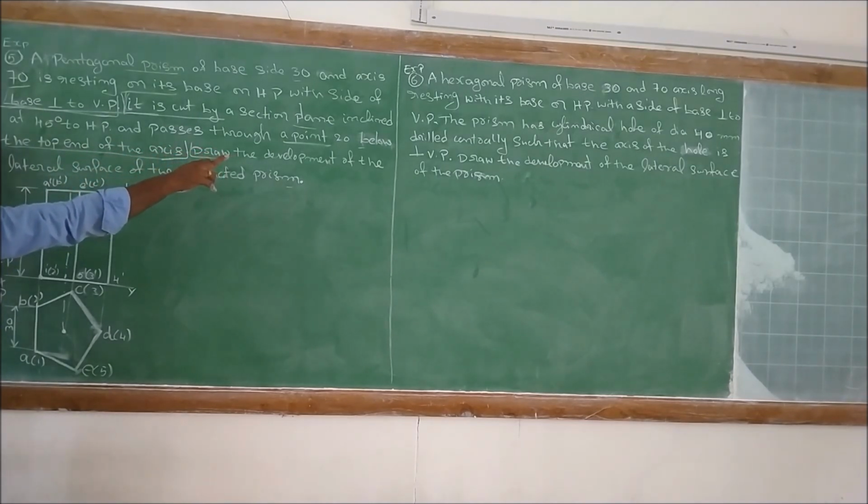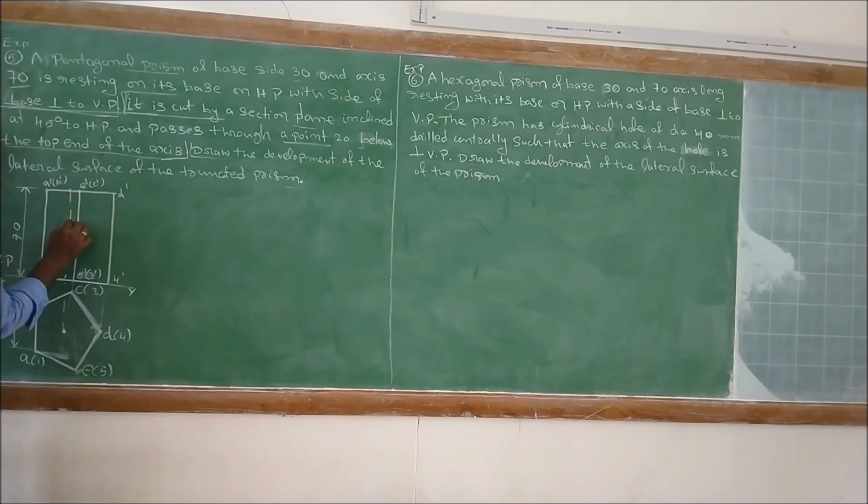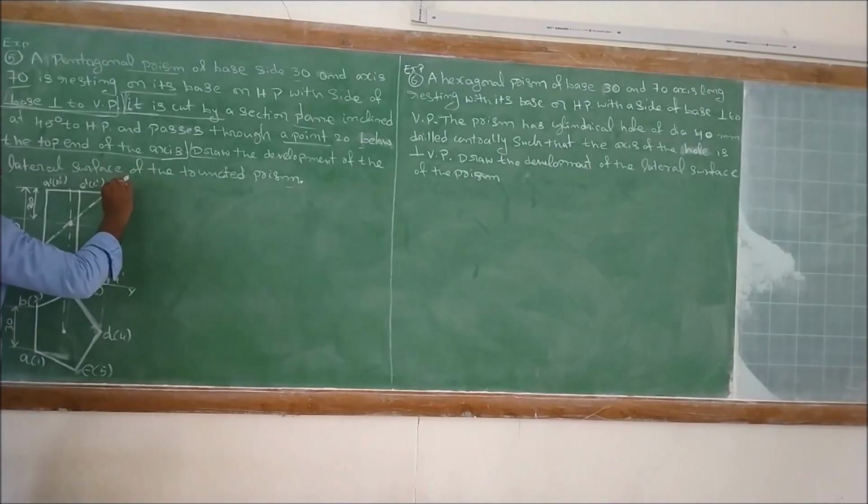At the same time, from the center axis, from here to 20 mm below, the cutting plane passes. Then we draw the 45 degrees inclination line, and that is the section plane. The section plane must be drawn with a chain line.